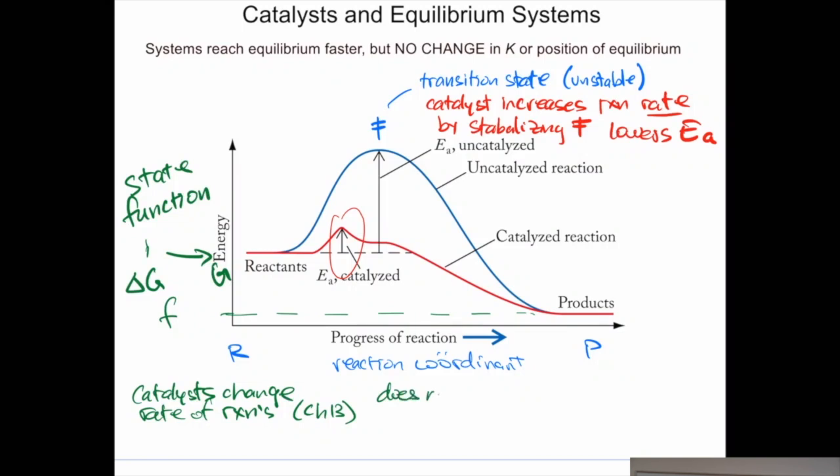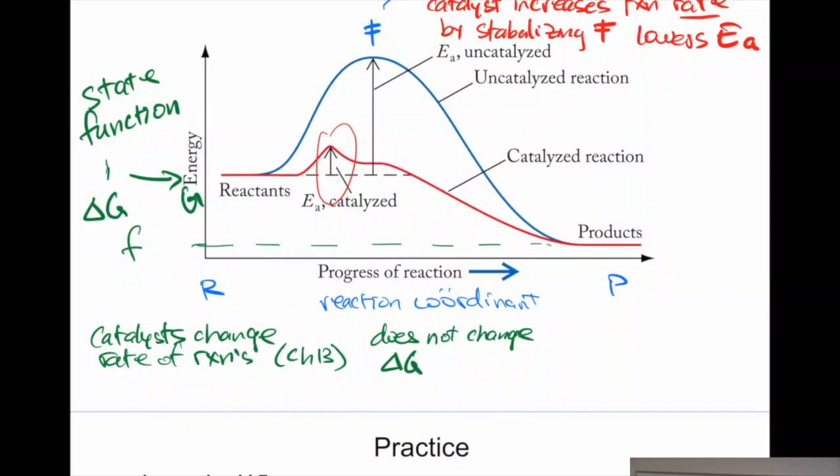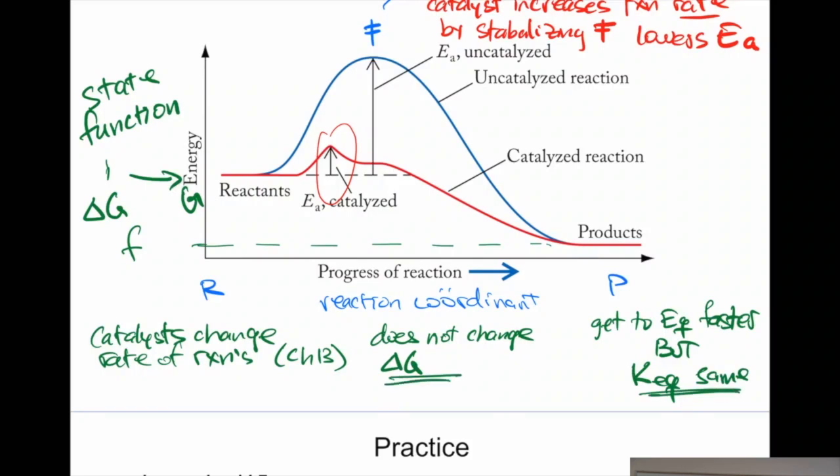It does not change delta G. So we get to equilibrium faster, but KEQ is the same. KEQ doesn't change. All we're changing is the rates.